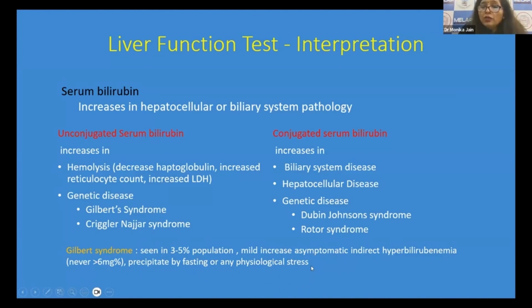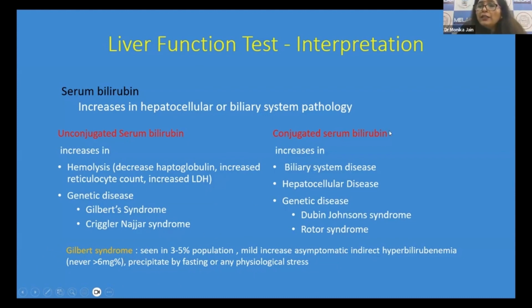The patient comes with jaundice and says this has been a problem for the last 5 or 10 years, that my bilirubin is not coming down. When you see the reports, only the indirect fraction of serum bilirubin is high every time, with normal transaminases, normal alkaline phosphatase, normal ultrasound, and other tests. To convince them, we can get an enzyme assay to confirm that this is Gilbert syndrome, as the deficiency of that enzyme confirms it.